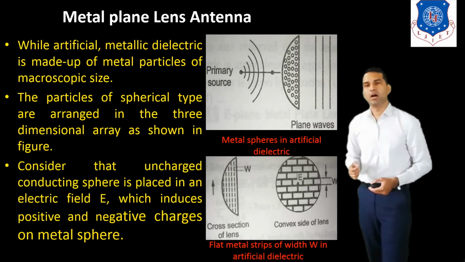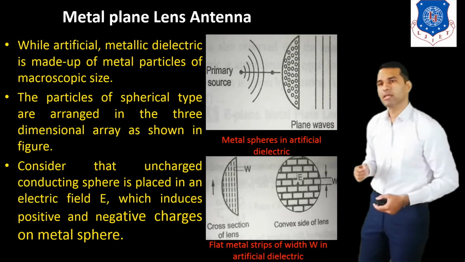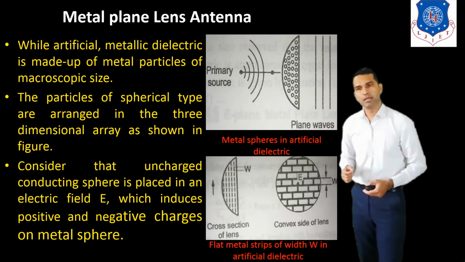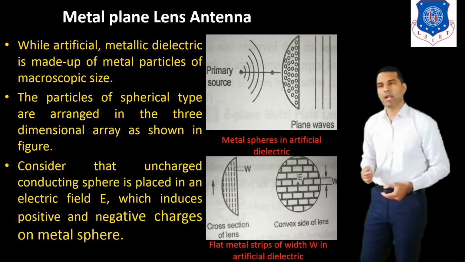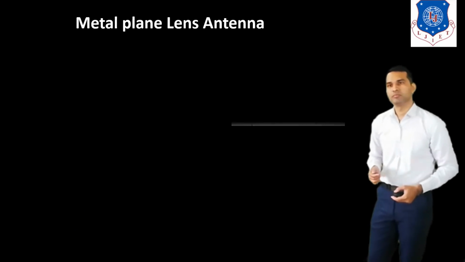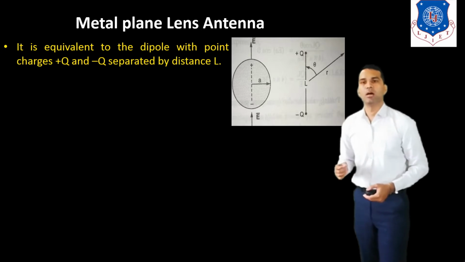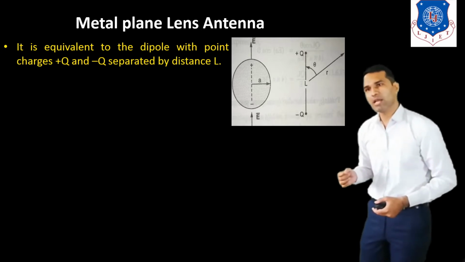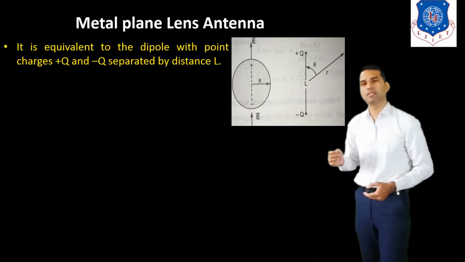Consider that an unchanged conducting sphere is placed in an electric field E, which induces positive and negative charge on the metal sphere. It is equivalent to a dipole where the point charges are plus q and minus q separated by distance l.